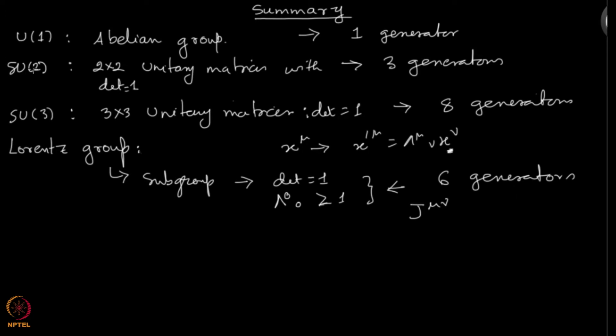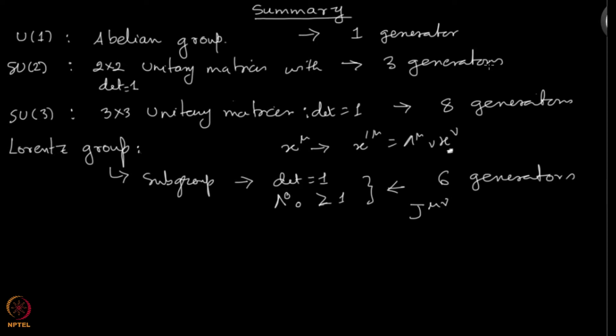Now, when we were looking at the SU2 group, we introduced this group by studying 2 cross 2 unitary matrices with determinant 1. So, our starting point was these matrices, and then we found that these matrices form a group, and then we looked at the generators of the group by looking at the SU2 matrices in the vicinity of identity.